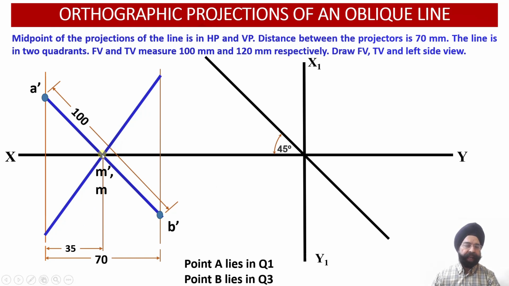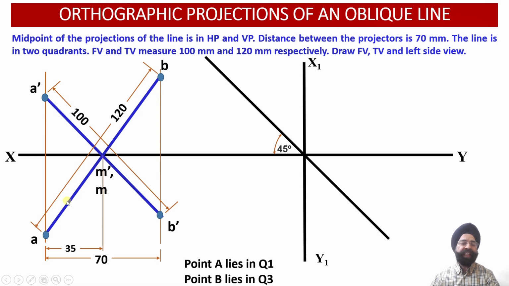So from point M, we have opened the compass equal to 60 millimeter, marked an arc on the first projector on this side, and marked another arc measuring 60 millimeter on the other projector over here. So this way point A of the top view and point B of the top view have also been obtained. So the total length of the top view projection of the line and the midpoint of this line, which passes through the vertical plane, have been obtained in the top view projections over here.